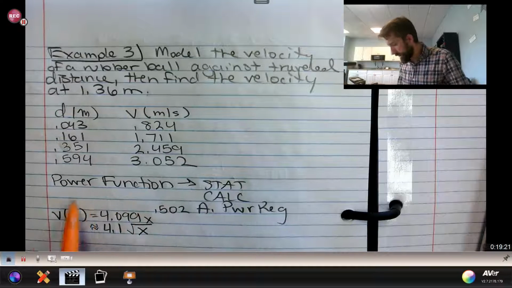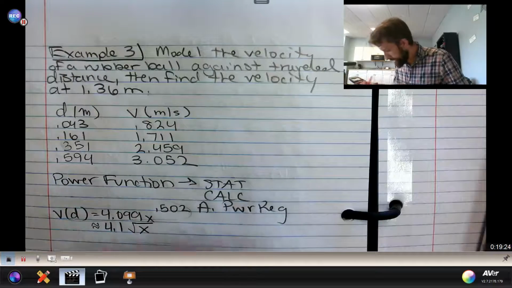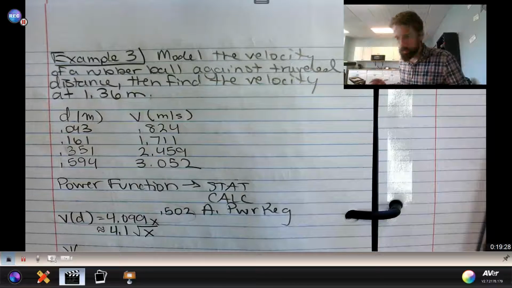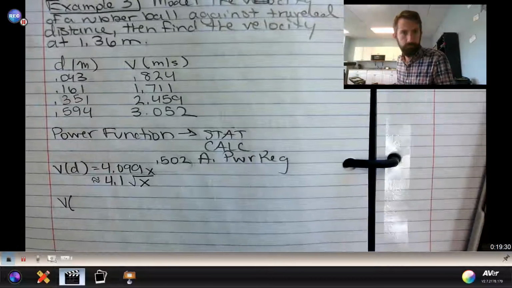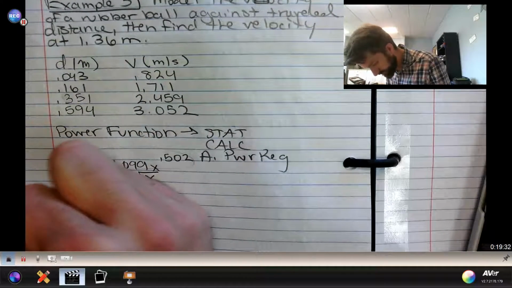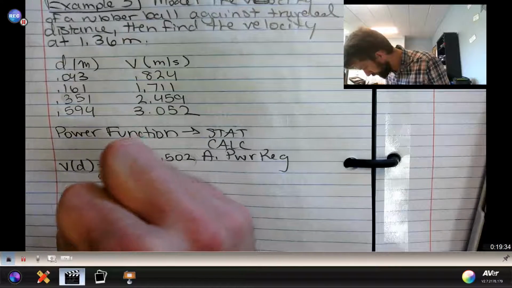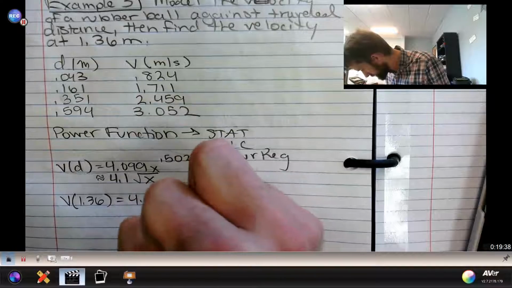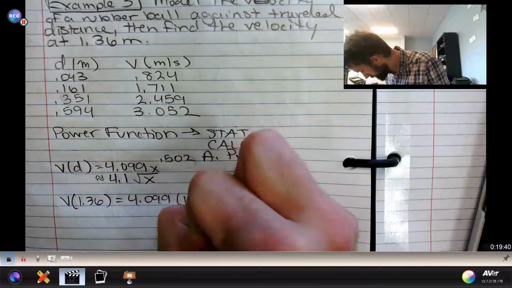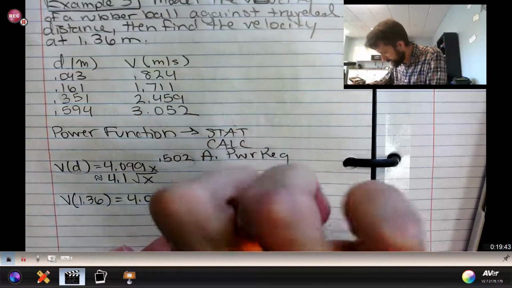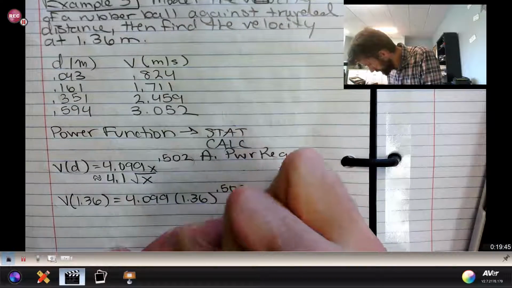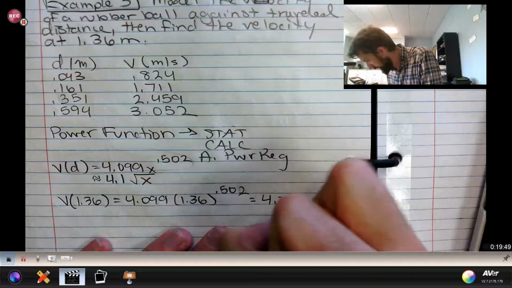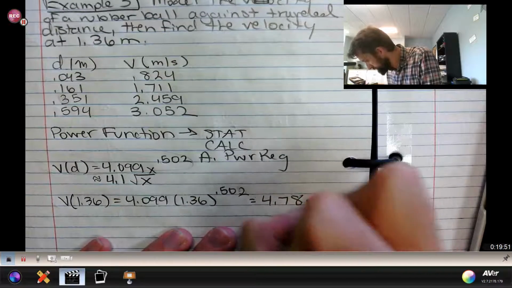So here is our model, really that first line. We're trying to find V of 1.36. So it's 4.099 times 1.36 to the 0.502, and this equals 4.78 meters a second.